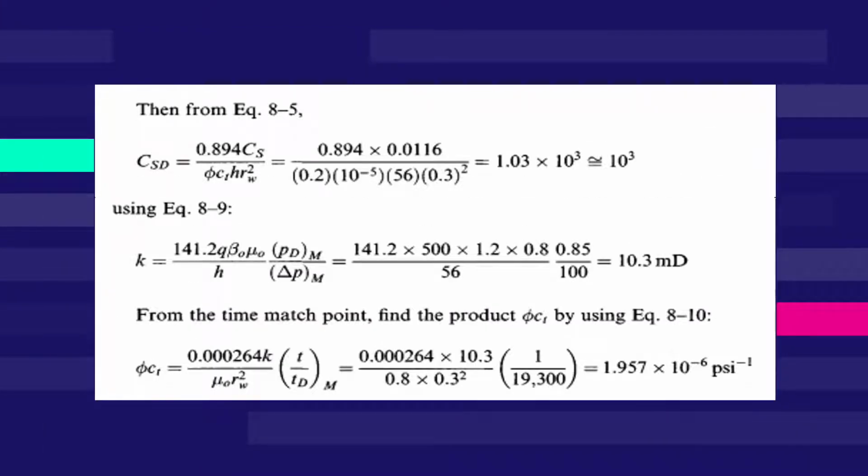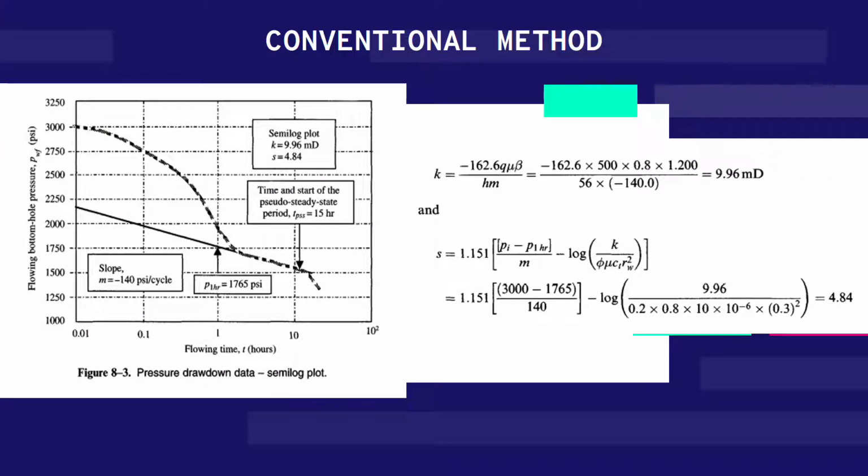And from the previous computation, the value of CSD is approximately 10 raised to 3 and the value of K is 10.3 md. From the time match point, we find the product phi CT by using Equation 8.10, wherein we got the value of 1.957 times 10 raised to negative 6 psi negative 1. So, the conventional method.